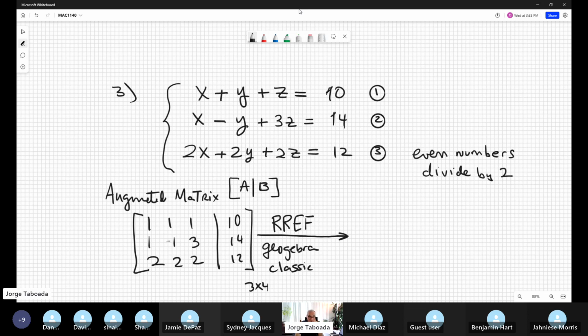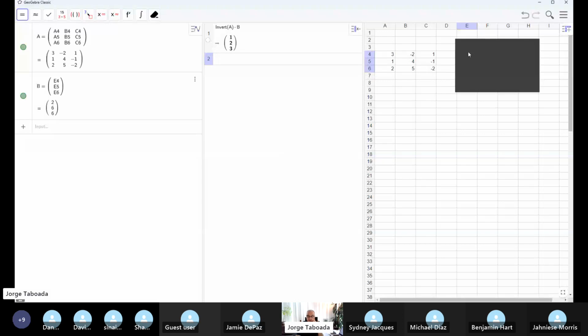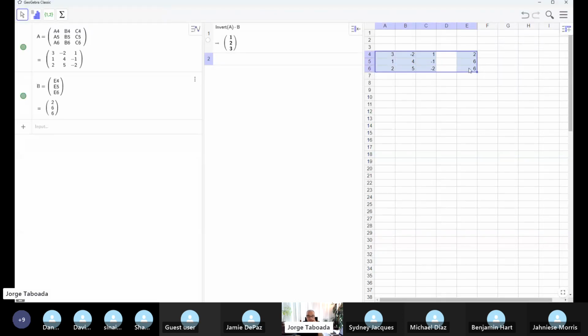Okay, let's do it. Entonces, in GeoGebra, let me try to share the screen of GeoGebra. Okay, look. I suppose you see the algebra now or not yet? Easy.